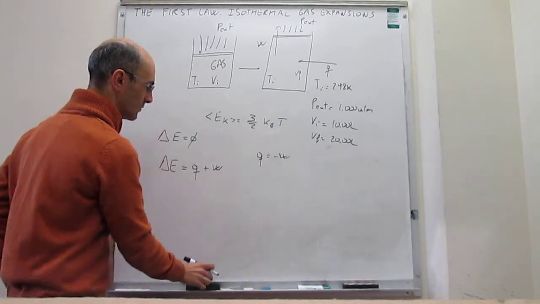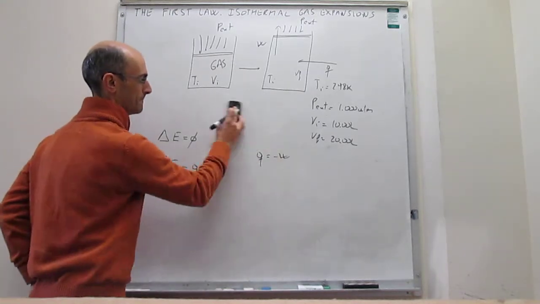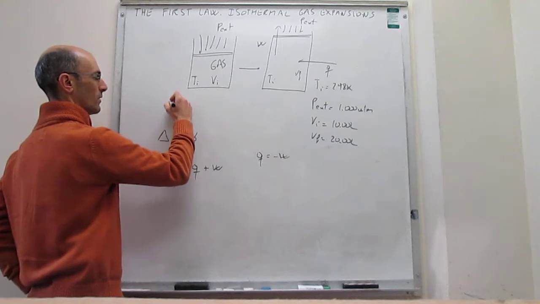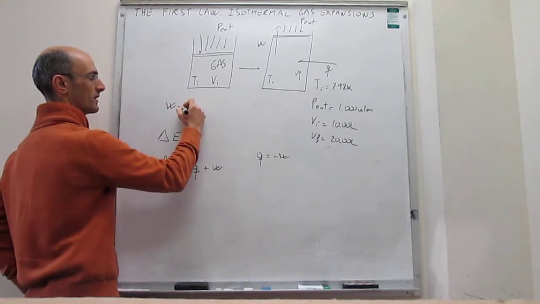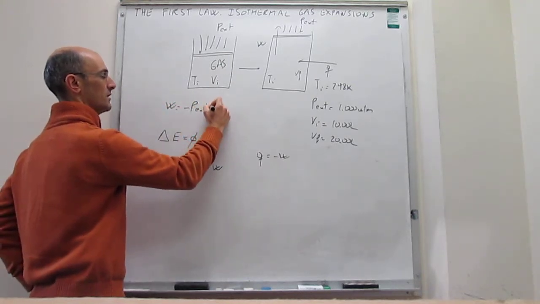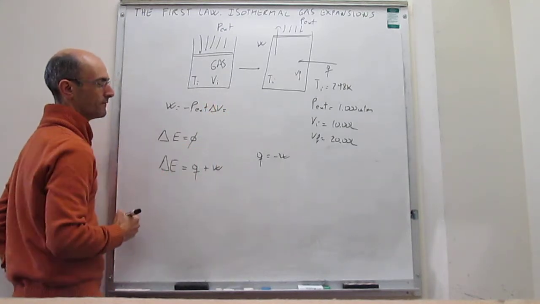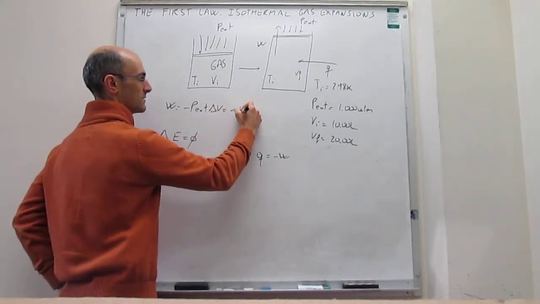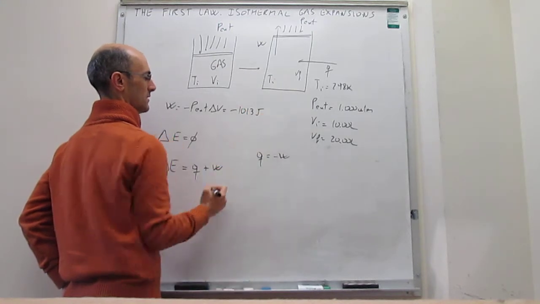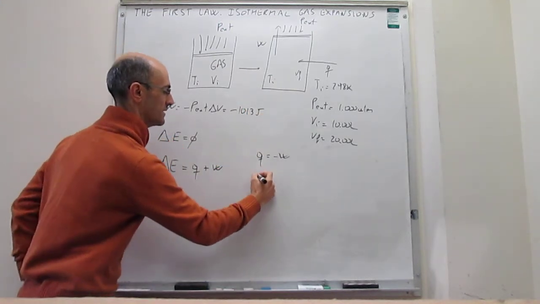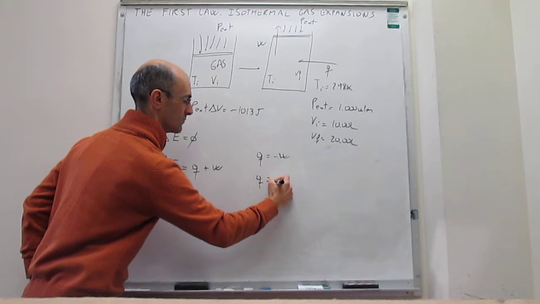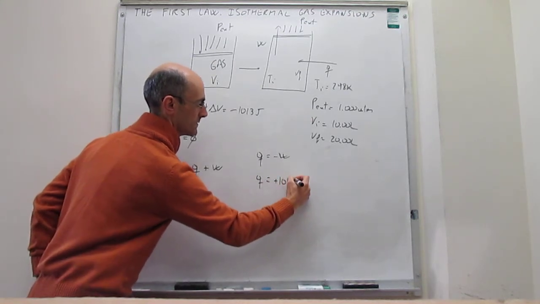Then we work through this expression. We know that in a gas expansion, the work is equal to minus the external pressure times the change in volume, and we find that this number is equal to minus 1013 joules. That means the heat absorbed is going to be equal to plus 1013 joules.